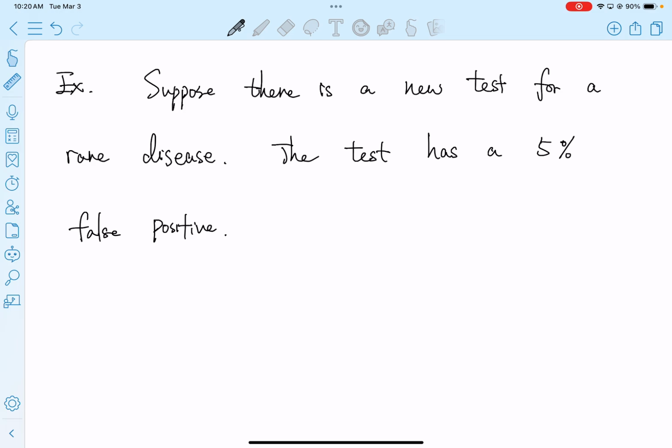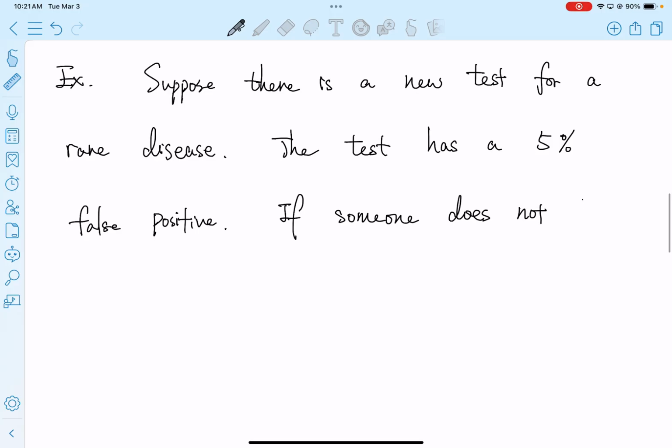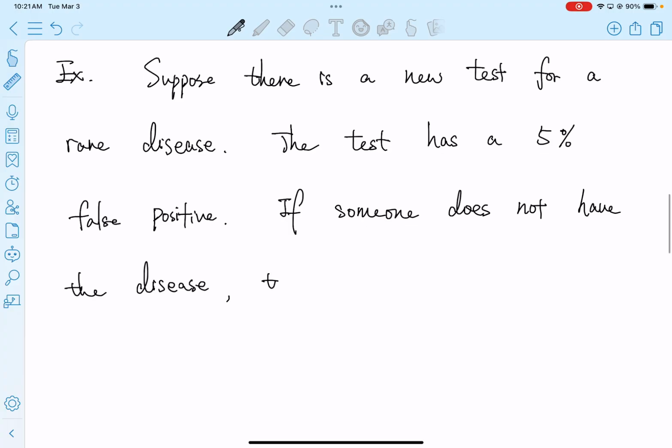So here, false positive means the following. If someone does not have the disease, there's still a 5% chance that the person will test positive. So that's why it's called a false positive.